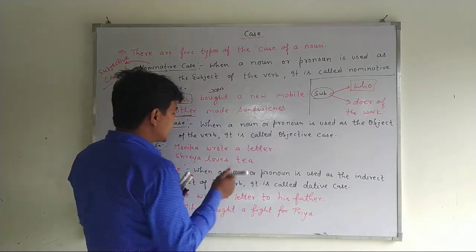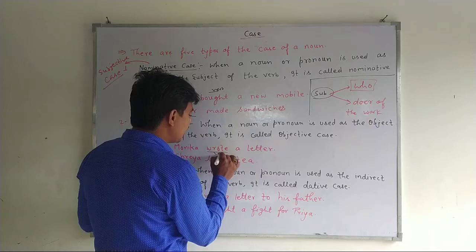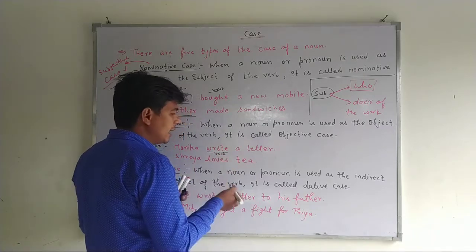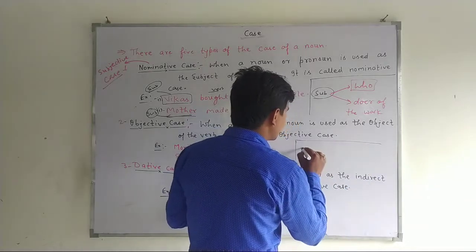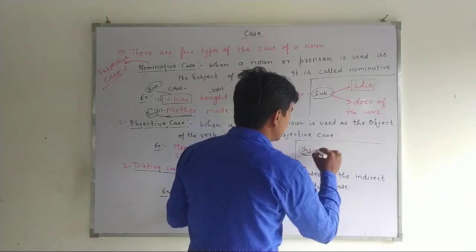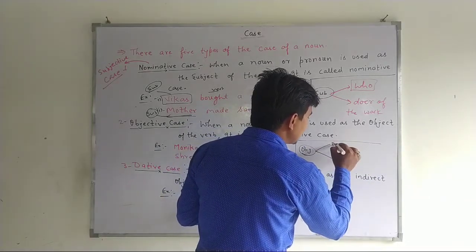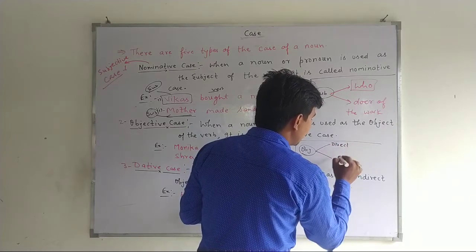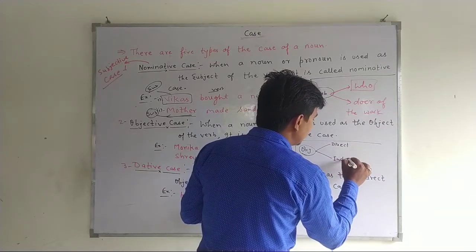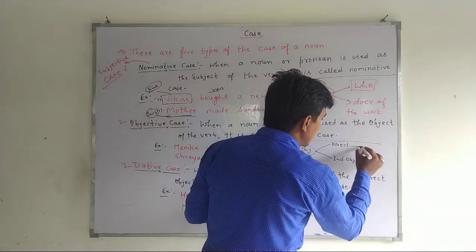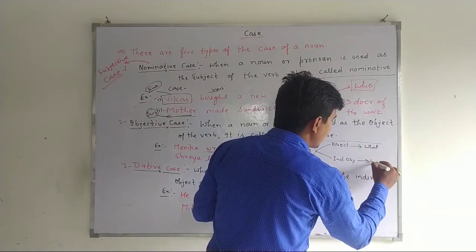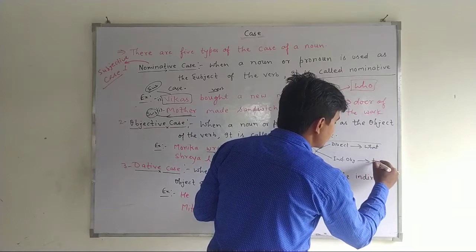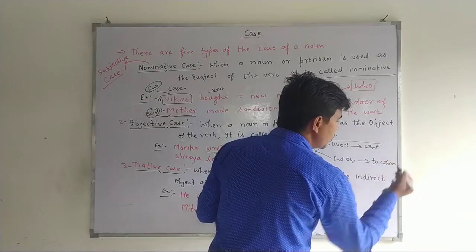In that sentence, wrote is a verb. I have told you already about the object, that objects are of two types: direct object and indirect object. Direct object always gives the answer of what, and indirect object always gives the answer of to whom.